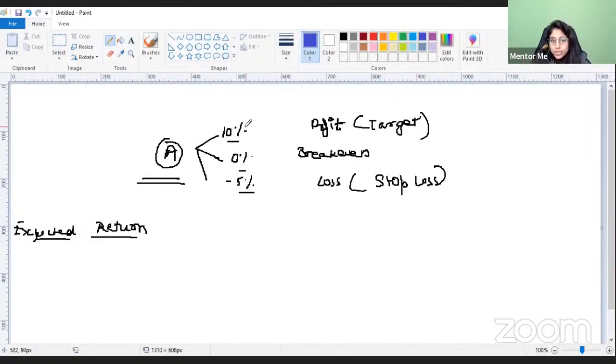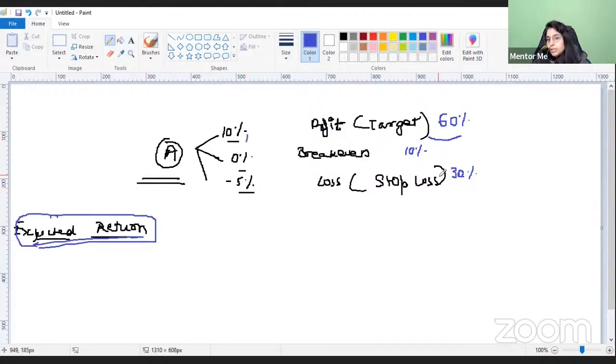So let's say the probability of this realization of this 10% profit is, let's say, 60%. That is more than 50%. If it's more than 50%, we can call it a high probability trade also. So let's say if the probability of success here is 60%, the break-even situation probability is, let's say, 10%, and there is a 30% probability of suffering losses. We want to know what is going to be our expected return based upon these possible returns and the respective probabilities.